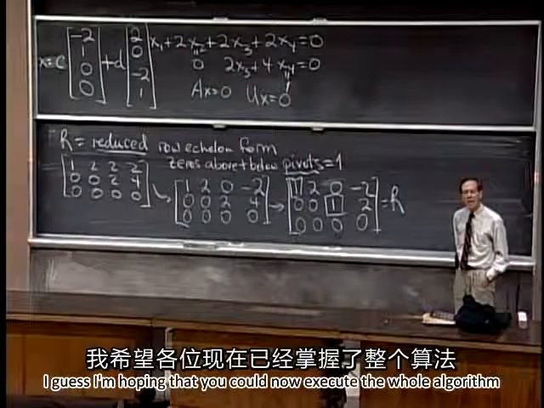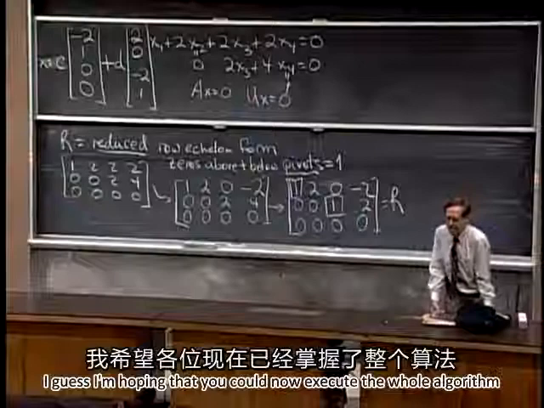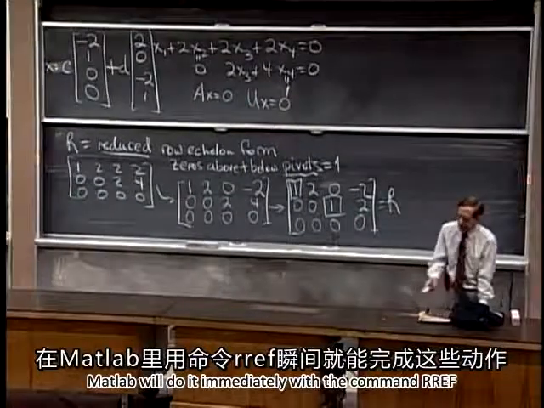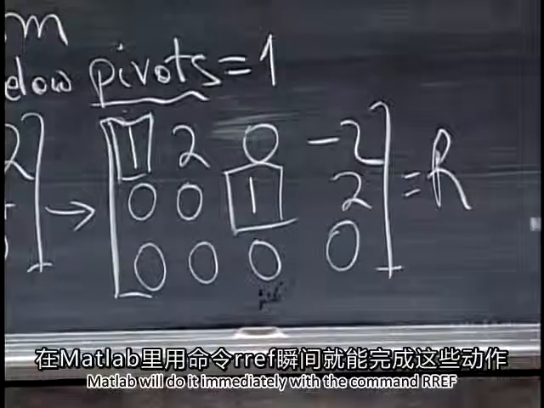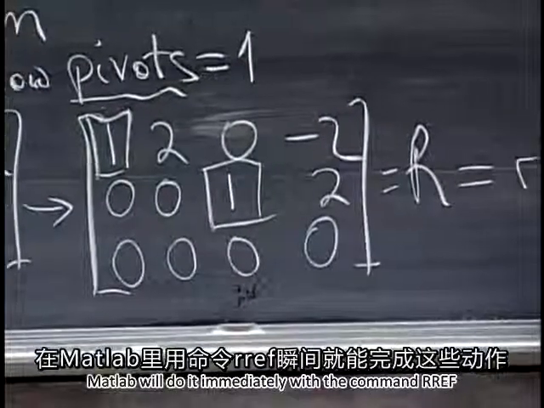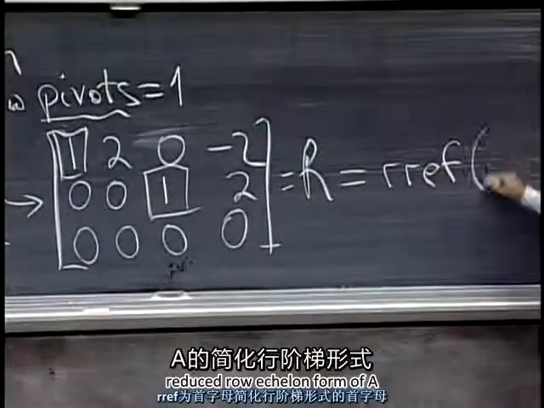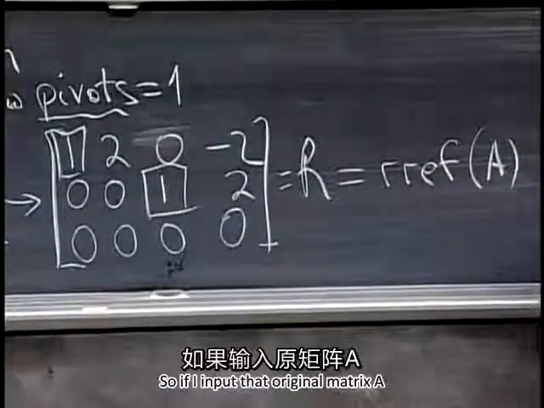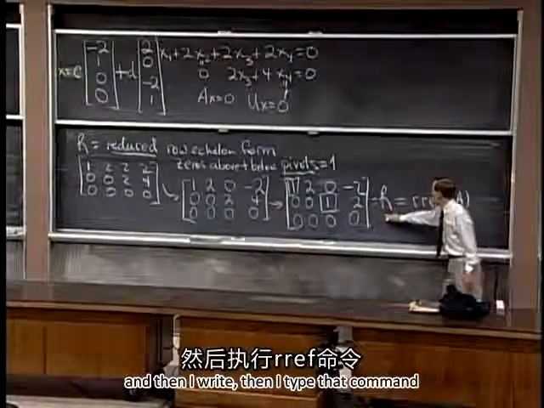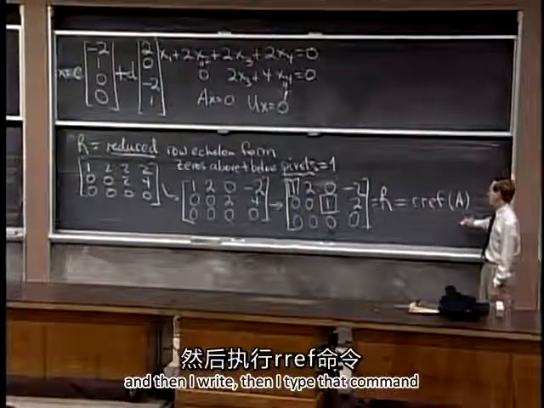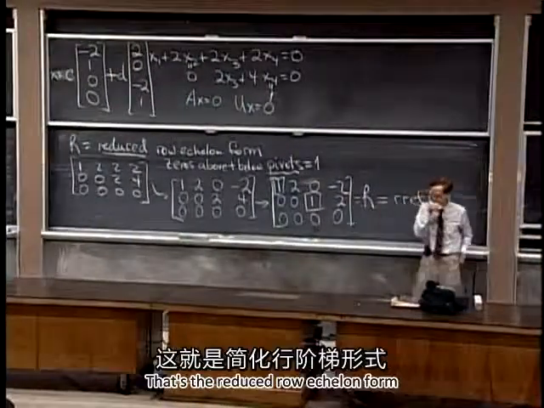I guess I'm hoping that you could now execute the whole algorithm. MATLAB will do it immediately with the command RREF, reduced row echelon form of A. So if I input that original matrix A, and then I type that command, press return, that matrix will appear.